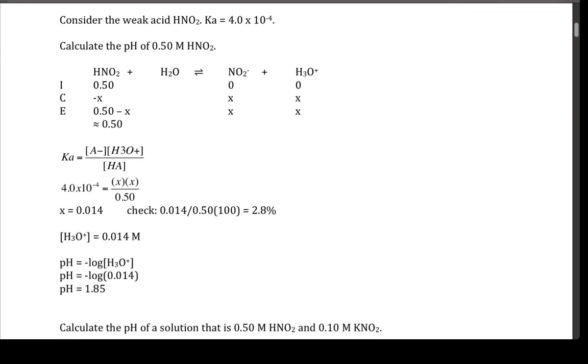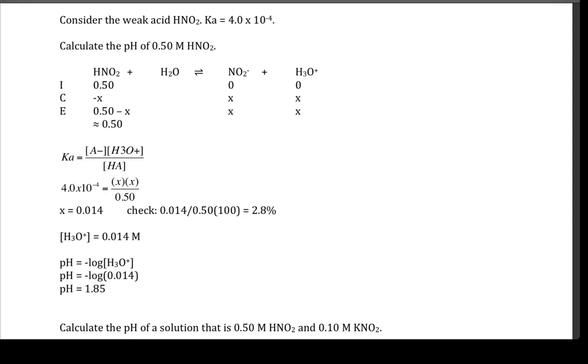Alrighty, so here's our problem. Consider the weak acid HNO2. Ka for it is 4.0 times 10 to the minus 4. We will first calculate the pH of that solution without the common ion. So calculate the pH of 0.50 molar HNO2. We set up our ICE table, put in our initial concentrations, represent the change by x and negative x, get the equilibrium ones, and write out the equilibrium expression.